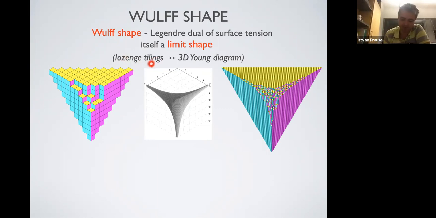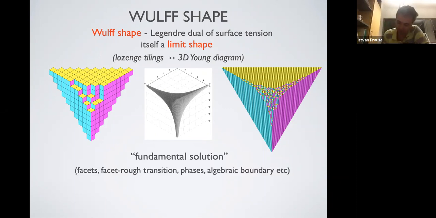Namely, in fact, for the lozenge tiling model, the Wulff shape is exactly the 3D Young diagram limit shape. So in that sense, it is the fundamental solution. And also because we see here that many of the features already appear for the Wulff shape.